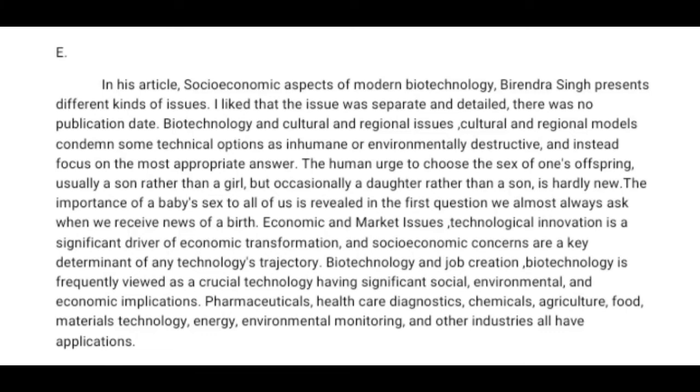Biotechnology is frequently viewed as a crucial technology having significant social, environmental, and economic implications. Pharmaceuticals, healthcare, diagnostics, chemicals, agriculture, food, materials, technology, energy, environmental monitoring, and other industries all have applications.